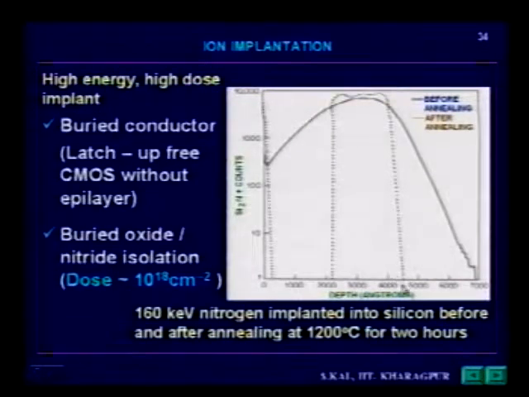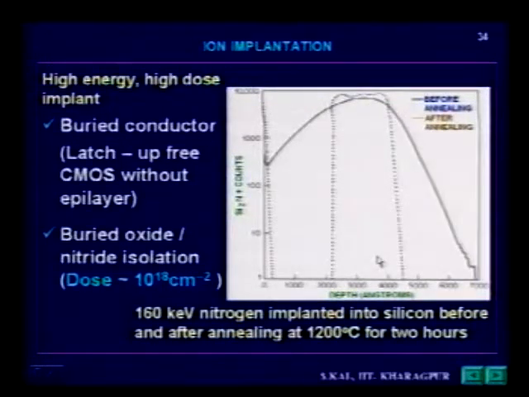And after the depth of 4,500 angstrom, the nitride has not formed, because these movements will be there. So below that, for example below 6,000 or 7,000, you will get again silicon. So this side is silicon, this side is silicon, and in between at the middle you are getting a nitride layer. So that is the dielectric layer.